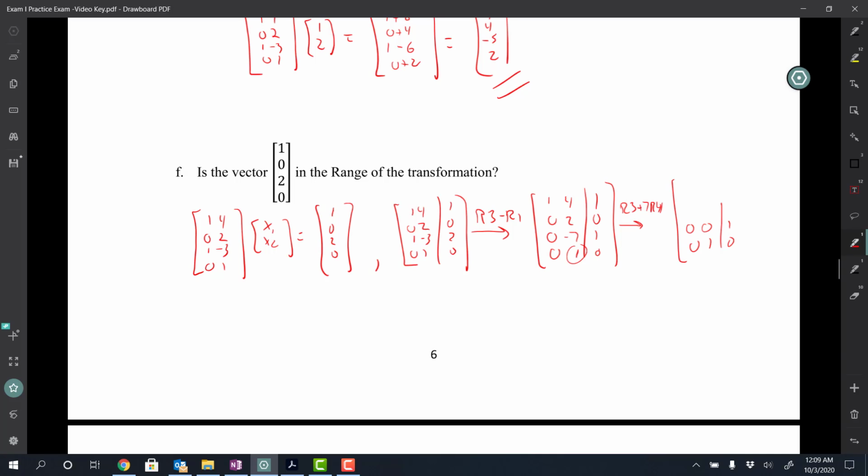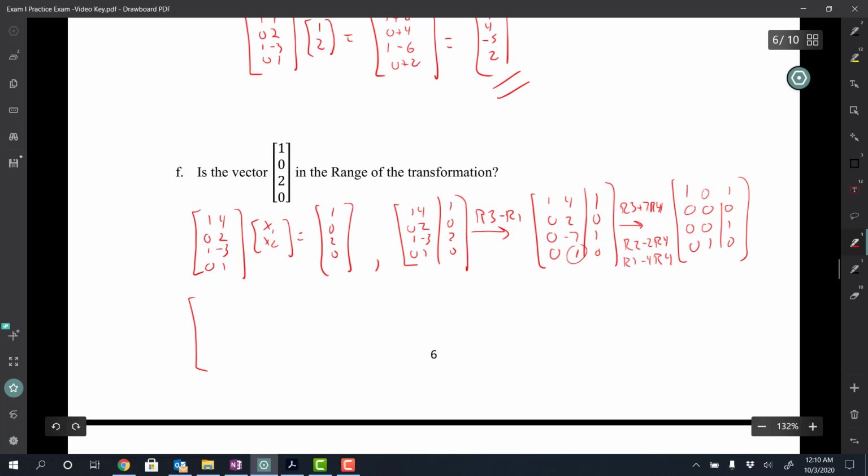Then I'm going to take row 2 minus 2 times row 4, 0, 0, 0. And row 1 minus 4 times row 4, which is going to be 1, 0, 1.